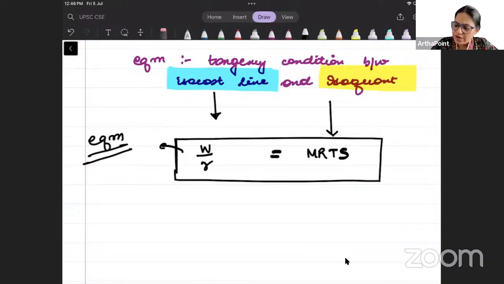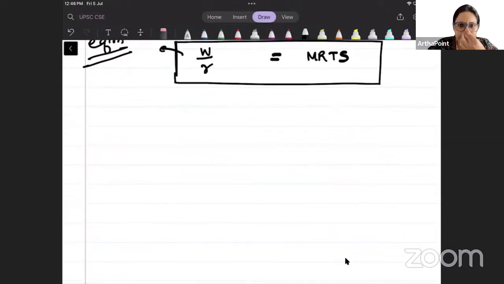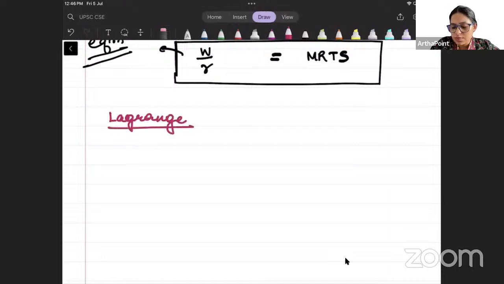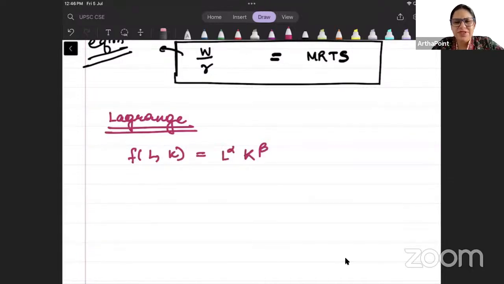Another way is that I can form a Lagrange also. Right? So suppose I give you a production function, that your production function is L to the power alpha, K to the power beta. I will not do this. We have done this multiple times in the utility function.